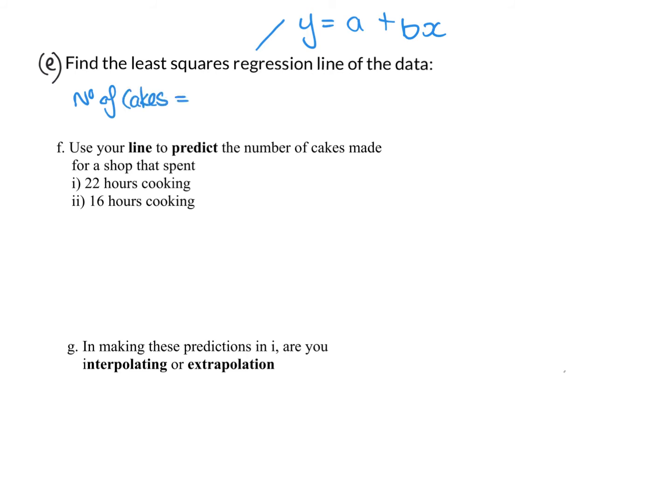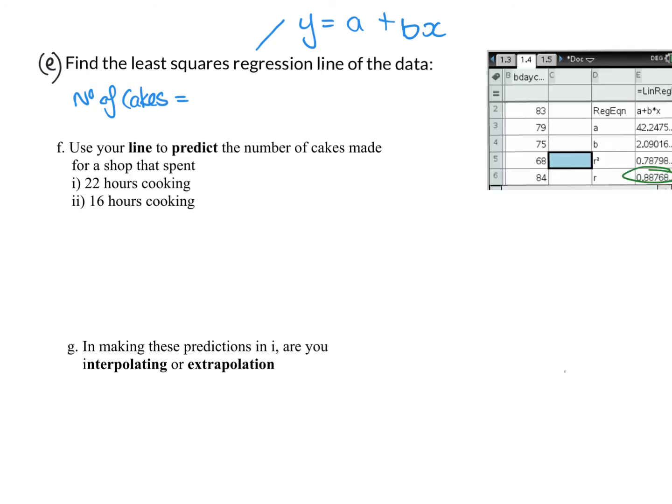Now, we need the a value. I'm just going to do 2 decimal places. So it'll be 42.25, and then I'm going to get the b value, which is a positive, plus 2.09 times the number of hours. Okay, so there's my equation. That was the a value, that was the b value.